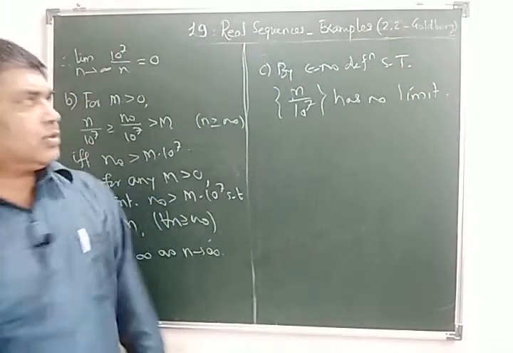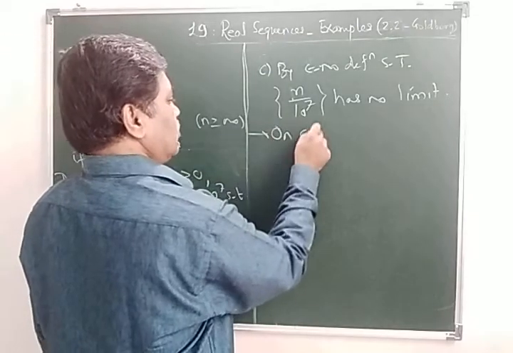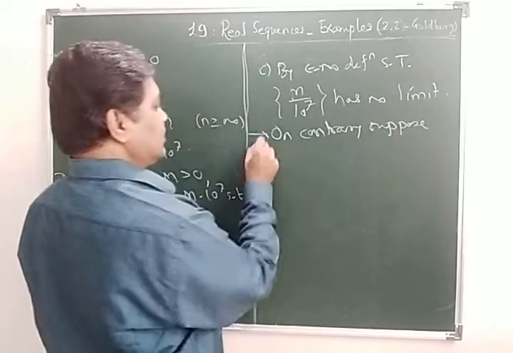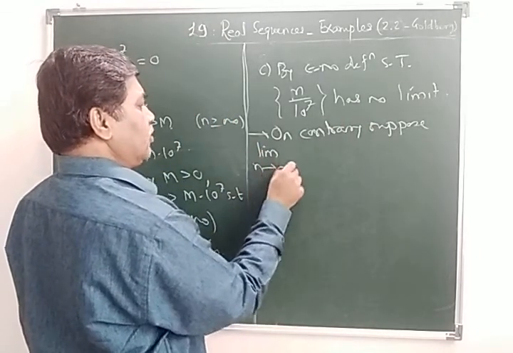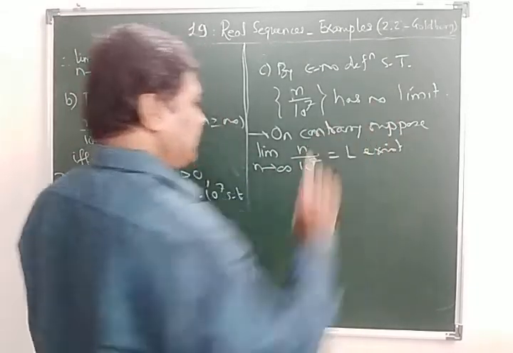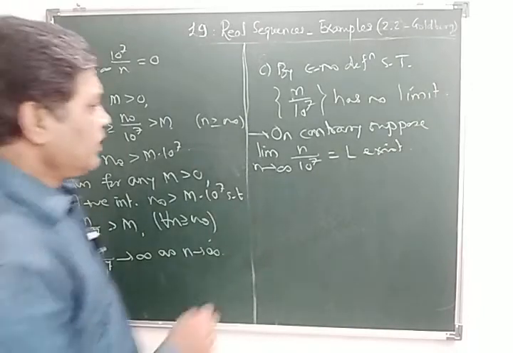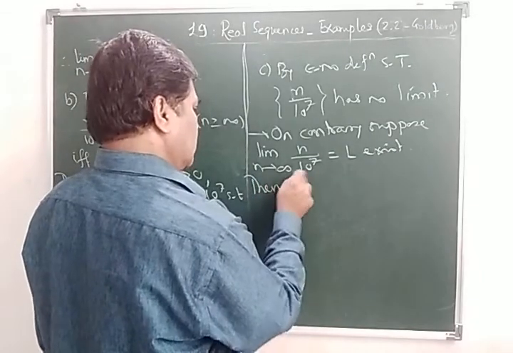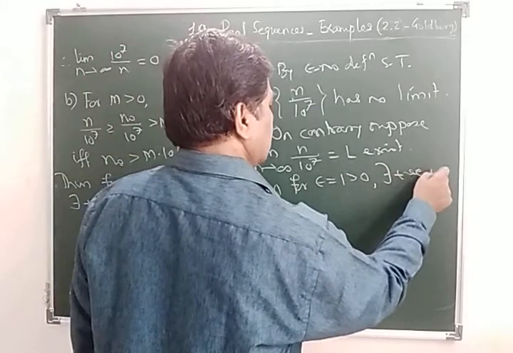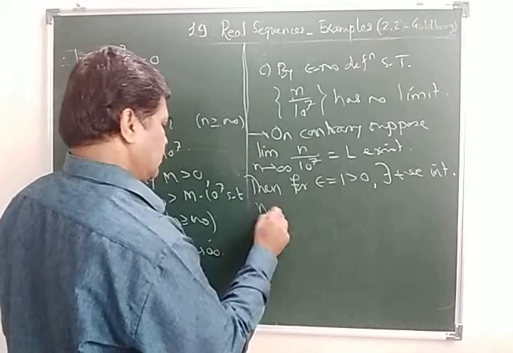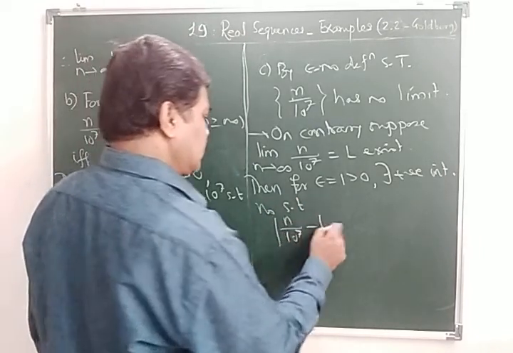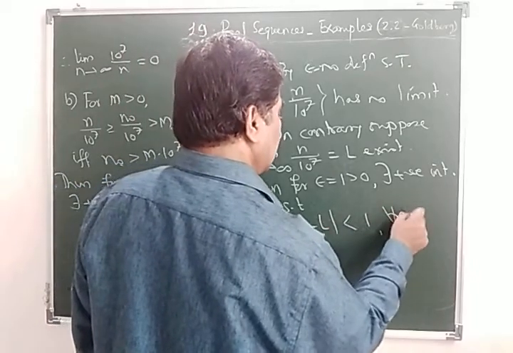On the contrary, suppose its limit exists, that is, the limit as n tends to infinity of n upon 10 raised to 7 is equal to L. If I assume this, then for epsilon equal to 1 greater than 0, there exists a positive integer n naught such that mod of n upon 10 raised to 7 minus L is less than 1 for every n greater equal n naught.